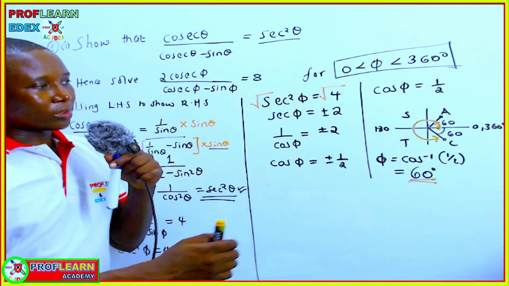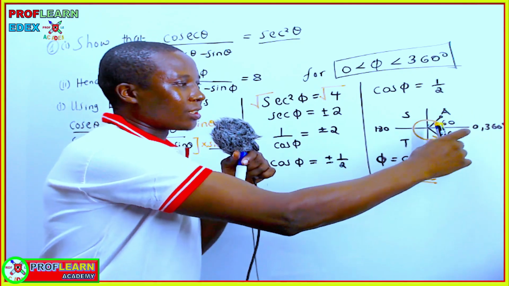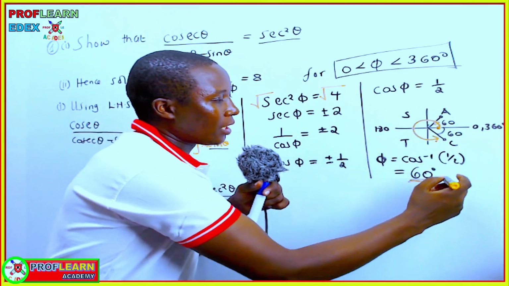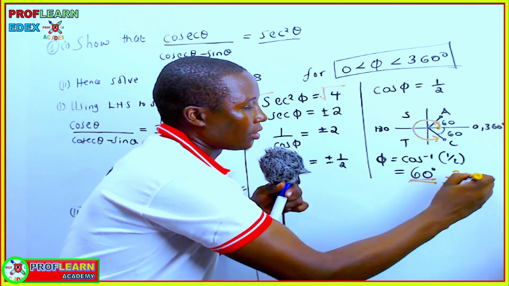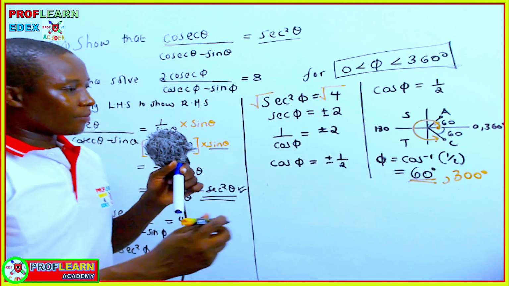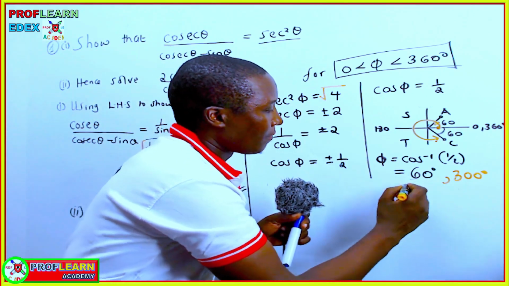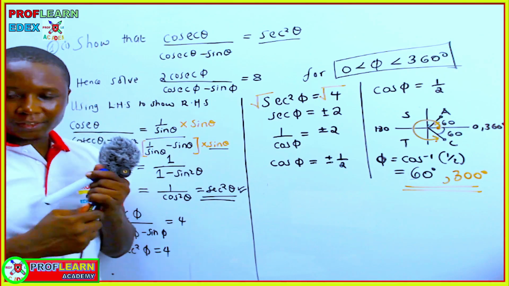Since this part is 60 and the entire angle is 360, the remaining angle is 360 minus 60, which is 300 degrees. So we have the first angle being 60 and the other angle being 300 degrees.